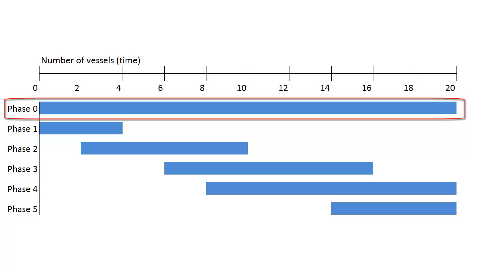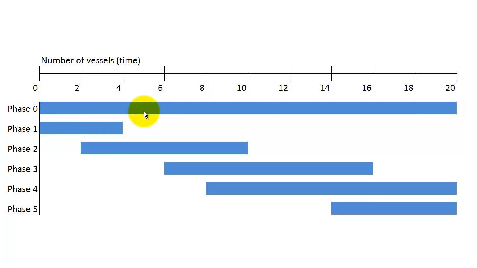So phase 0 will stretch from 0 to 20. And then if there is a modification or some special equipment that is only valid, for example, for the first 4 vessels, then we define a new phase for these 4 vessels only, and we may call that phase 1, and phase 1 would then span from 0 to 4.